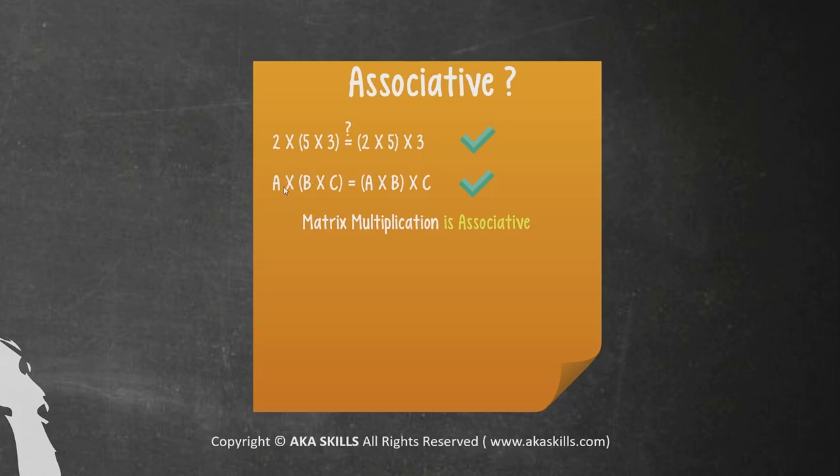But can we say in the matrix world that A by B by C equals A multiplied by B, the whole thing multiplied by C? The short answer is matrix multiplication is associative. So we can do that, and the result is going to be fine.